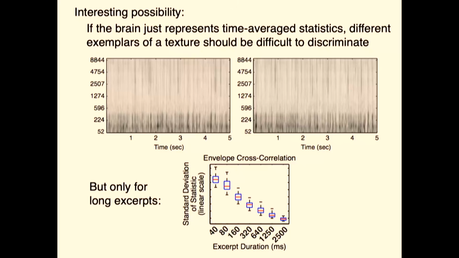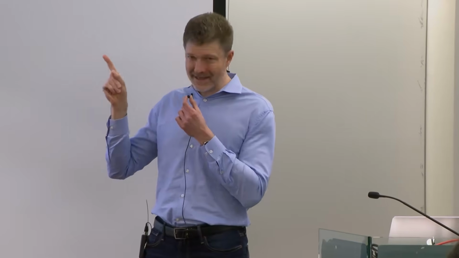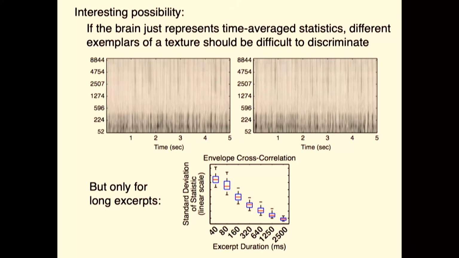So there's also this interesting possibility, which is that if we take this idea seriously, that texture is represented with statistics that capture the time average properties, then if your brain is just representing those time average statistics, the conclusion that follows is that different exemplars of the same texture should be difficult to tell apart.